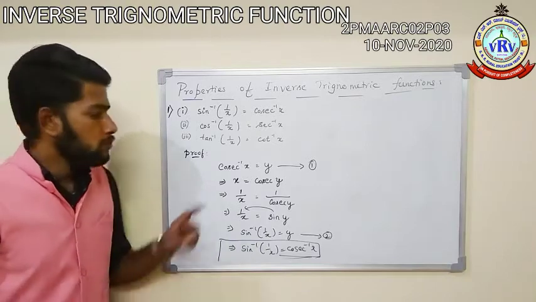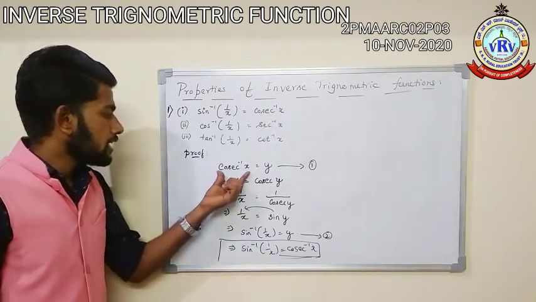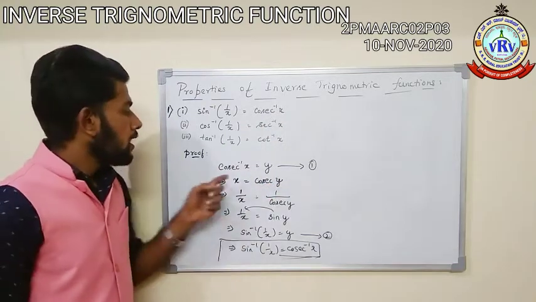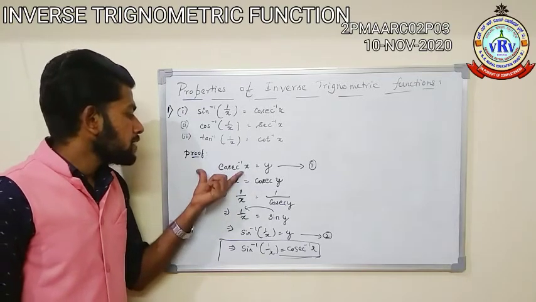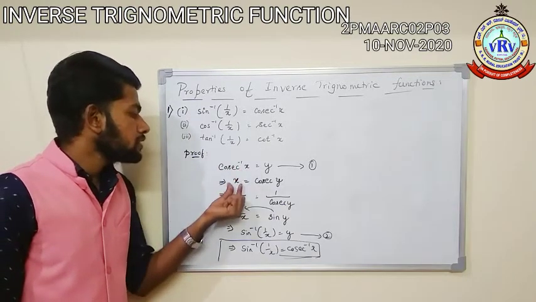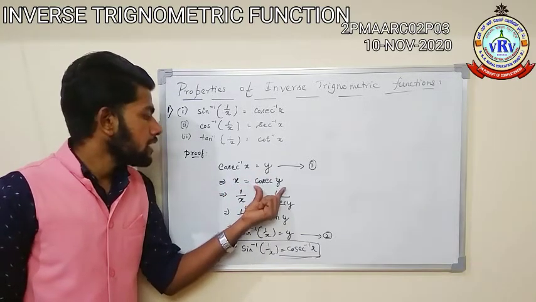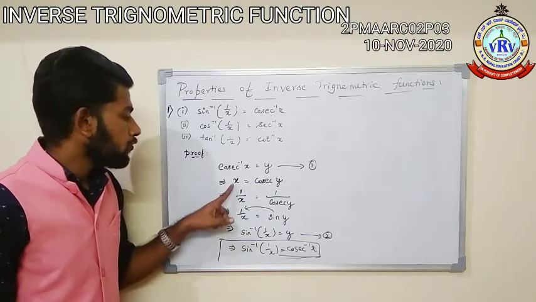Clear? I will explain one more time. I am choosing the right hand side of this expression, cosecant inverse of the x is equal to y, taking that equation as 1. And if I apply cosecant function both sides, this becomes the identity function. It will give us x. And here, while applying cosecant to the y, it becomes cosecant y. I am taking the reciprocal of 1 by x.